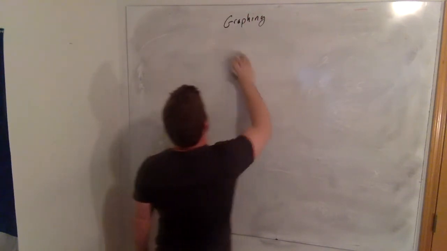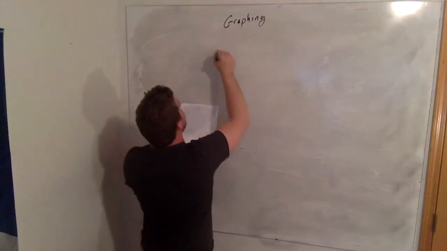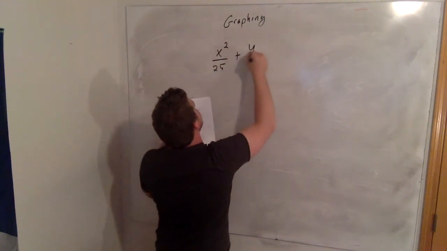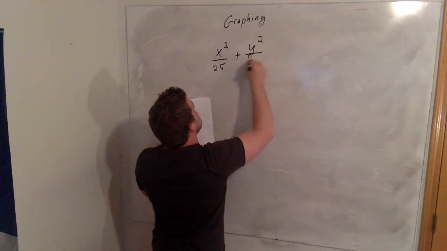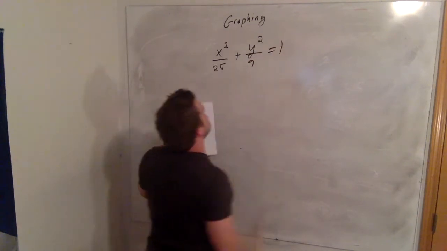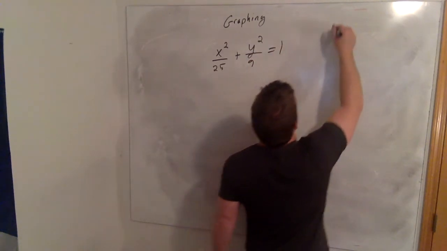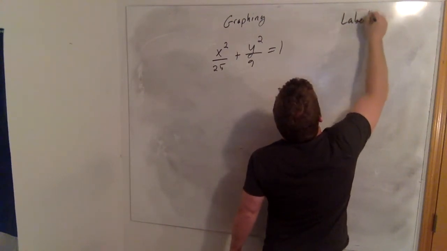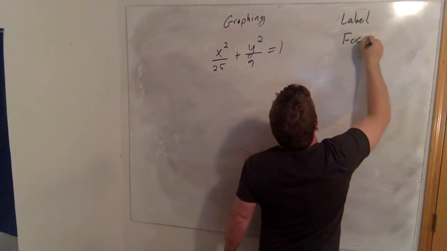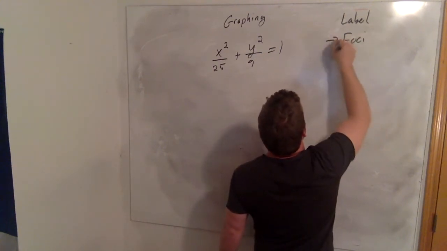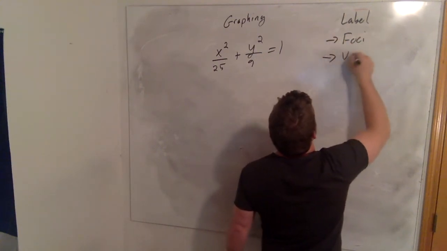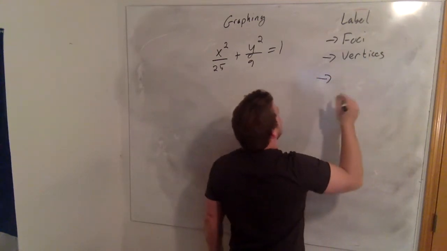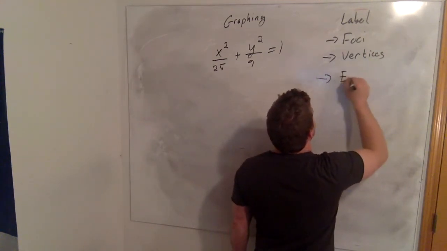Okay, so let's go ahead and graph x squared over 25 plus y squared over 9 equal to 1. I want us to label the foci, and the vertices, and also the endpoints of the minor axis.